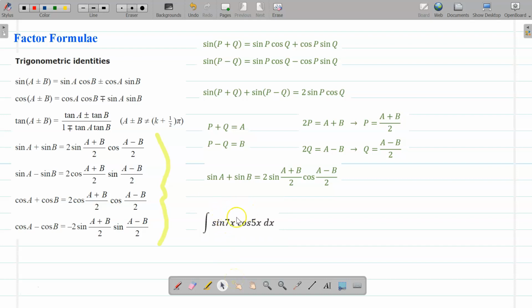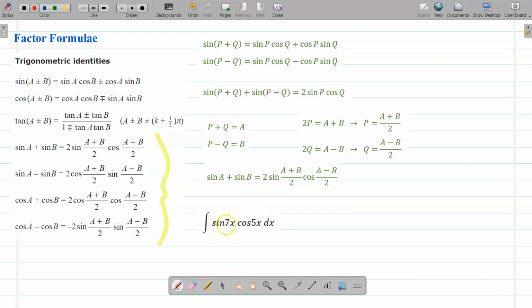Instead, a much quicker way is to match this up to one of the factor formulae. And if you look at that carefully, you can see it matches this one, which is this one here, except we also have this factor of 2 that we just have to take out. So that's easy enough to do. So let's proceed with that now.